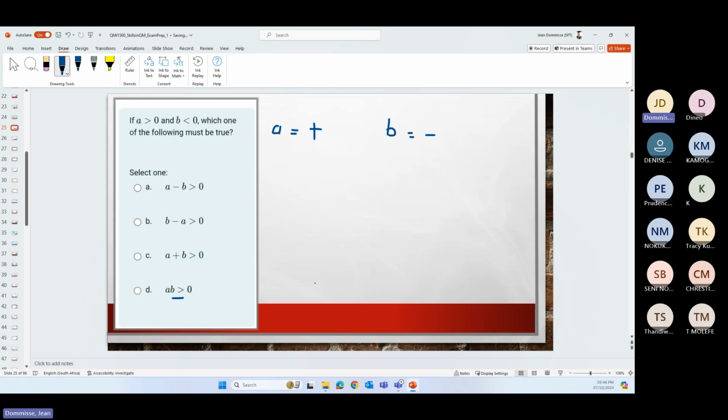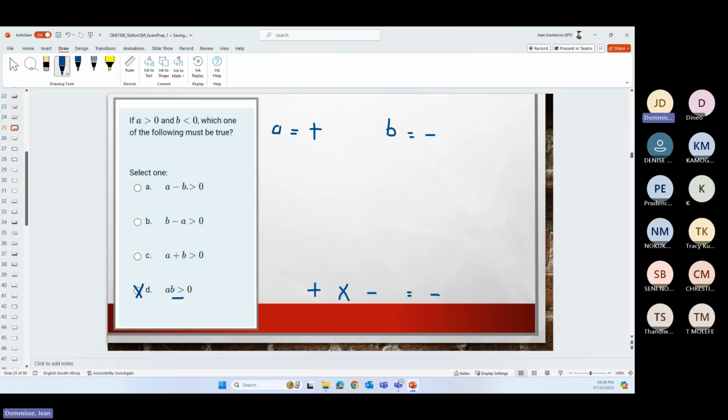So if we have positive times negative, that will be negative. So we know firstly that that one is not going to work, because if A is positive, B is negative, then positive times negative is going to be negative, which means it's going to be smaller than 0 and not bigger than 0. So that one is the easiest one to nearly eliminate.